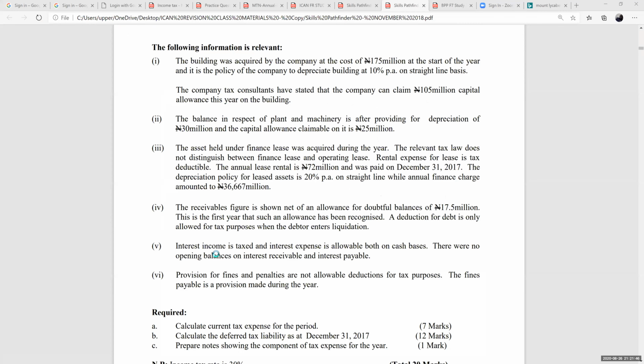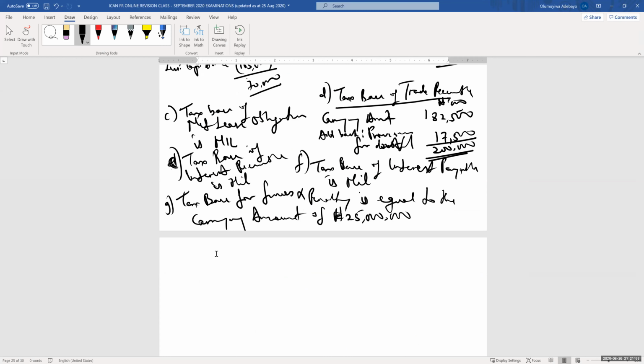Which means even though there is a difference between the carrying amount and the tax base, that difference seems to be permanent. In that situation, where the liability or an asset does not have a tax consequence, which means it's not going to be allowed whether today, tomorrow, or next year for tax purposes, such assets or liabilities will always have their tax base equal to the carrying amount.